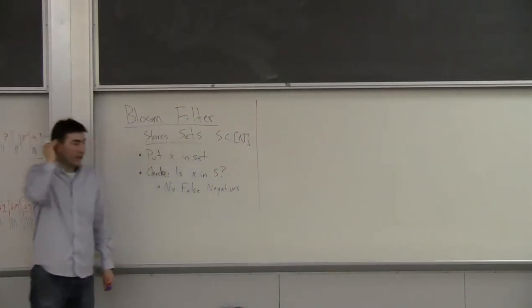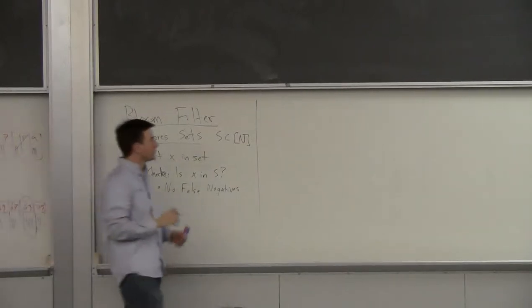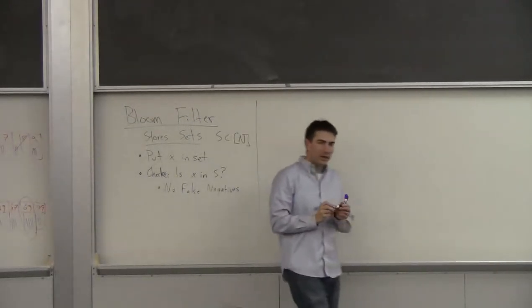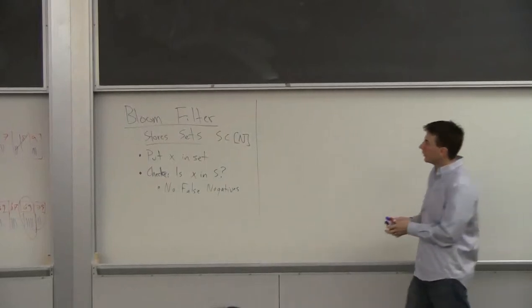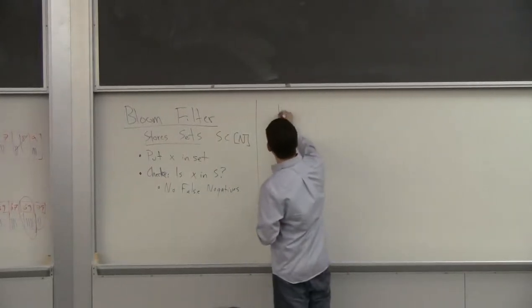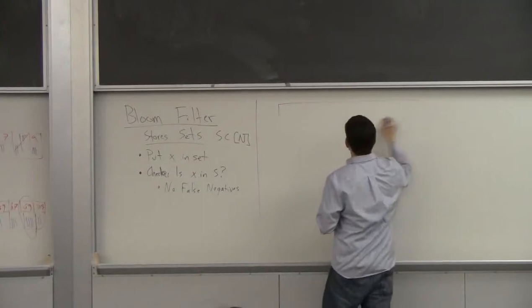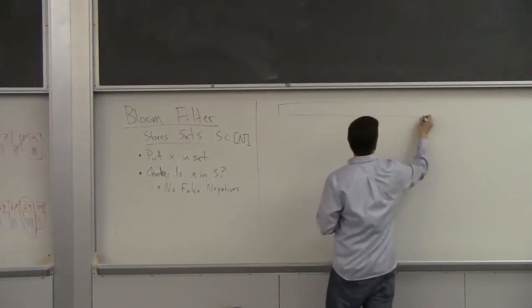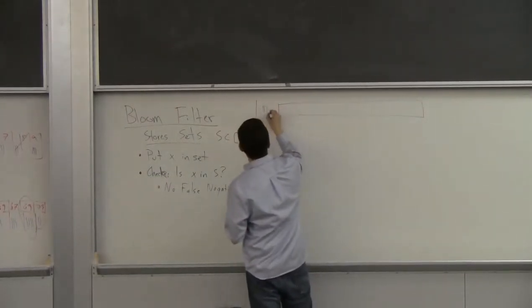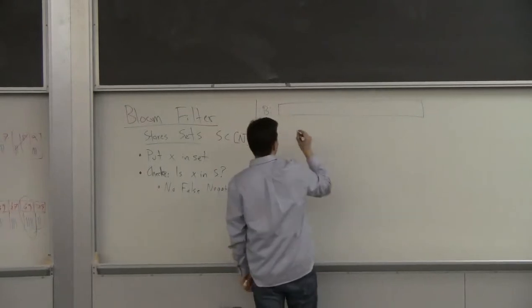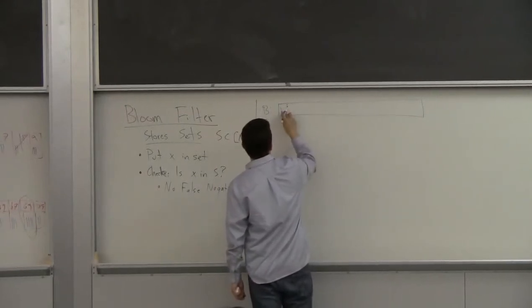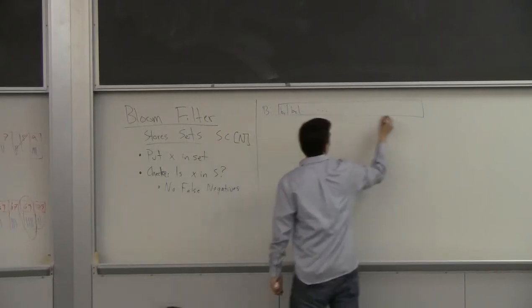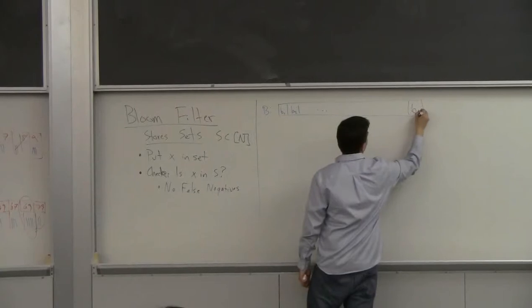This is again going to look like the count-min sketch, but a much more compressed version, where you're only going to store bits. You're going to store this array B, which goes from B1, B2, up to Bm.